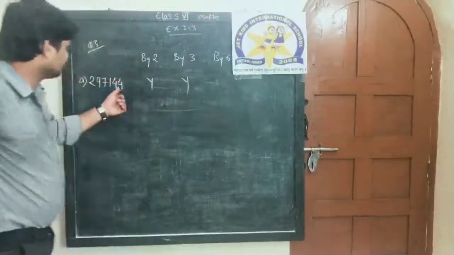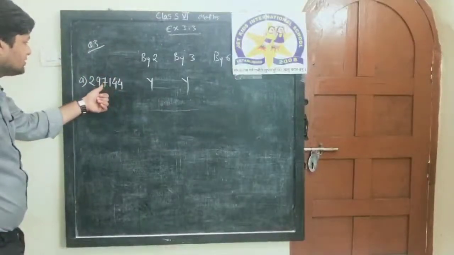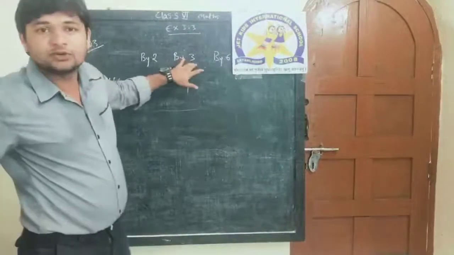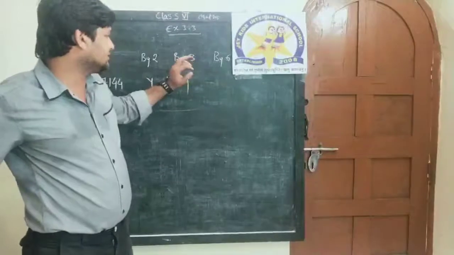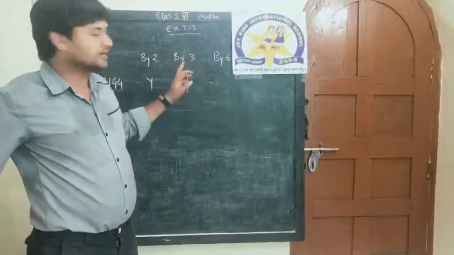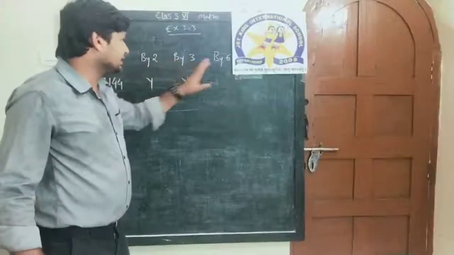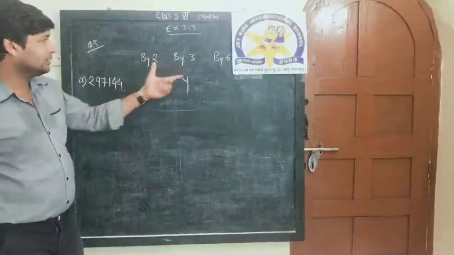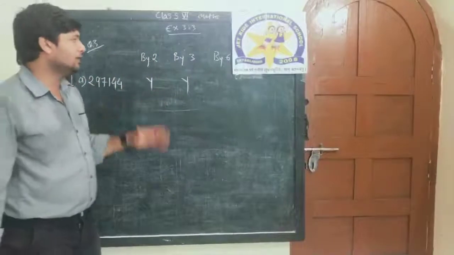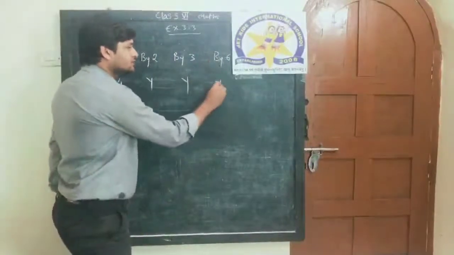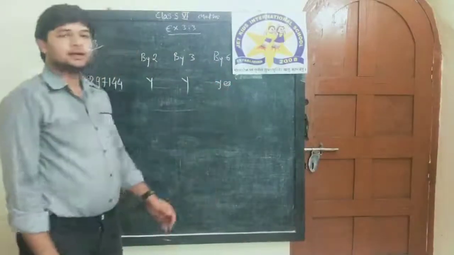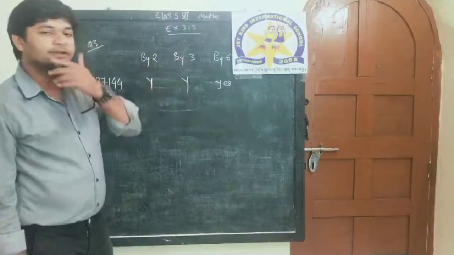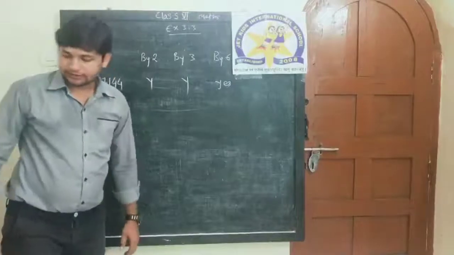Is 27 in the table of 3? Yes. If this number is divisible by both 2 and 3, then it will be divisible by 6. Clear? That's why we have taken 2 and 3 as parameters. Clear? Okay, next thing.